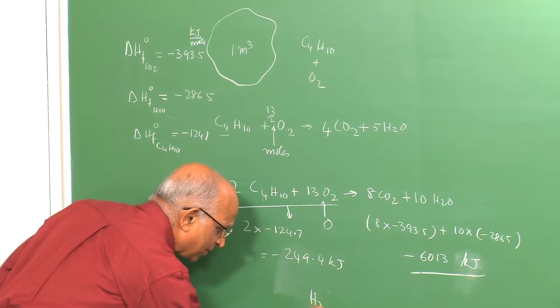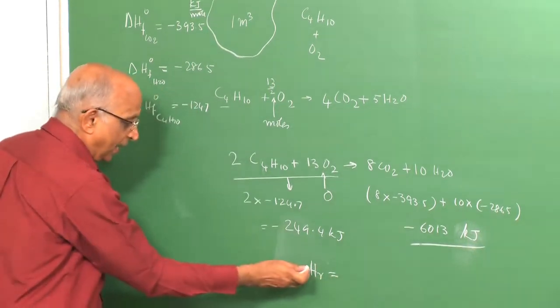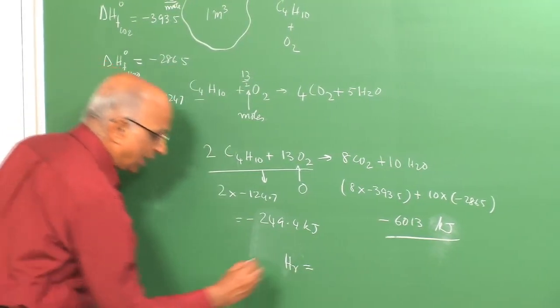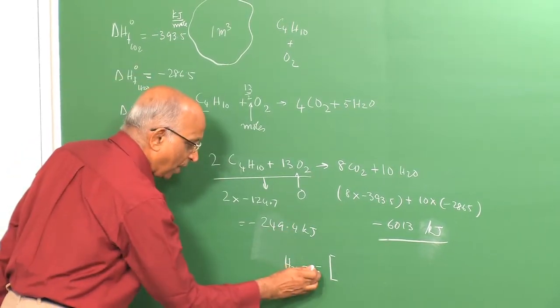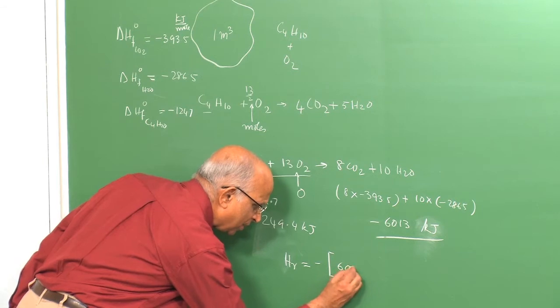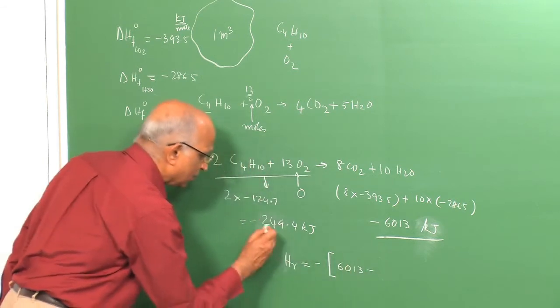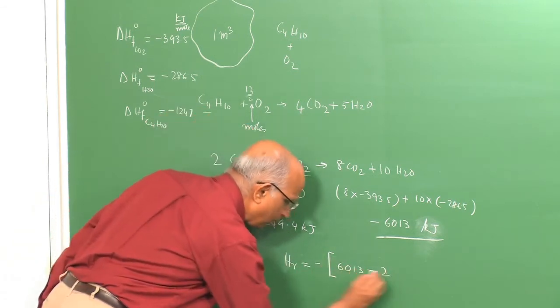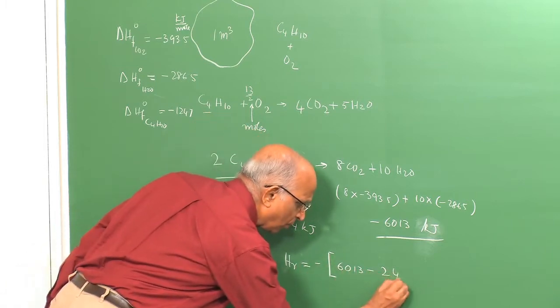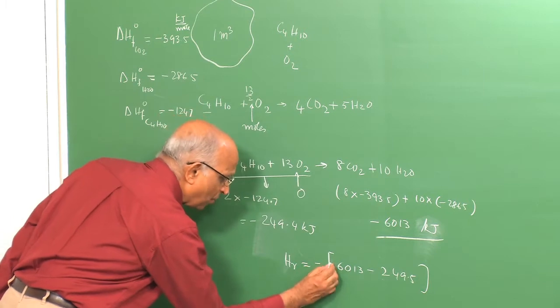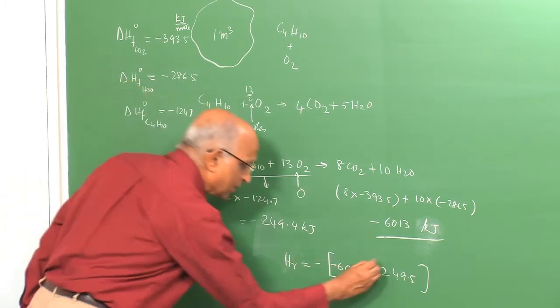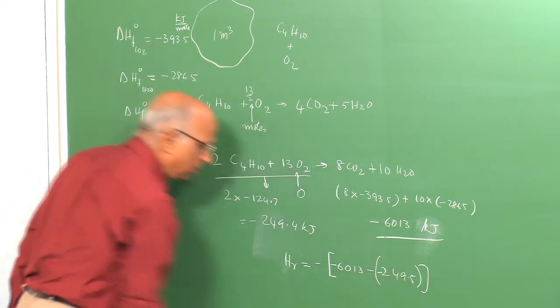Therefore, the heat of reaction, or enthalpy of reaction, in this particular reaction is equal to minus of the decrease. Therefore, I put a minus over here: 6013 minus 249.4, and mind you this is minus, therefore minus of minus over here.